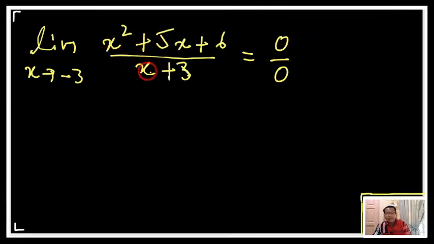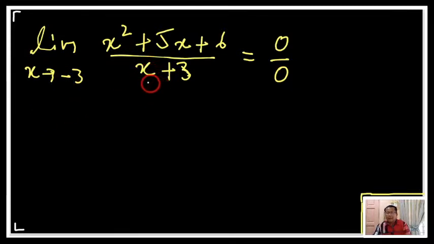In the exam, usually the denominator is one of the factors. What you need to do is divide the numerator with the denominator. So either you do synthetic division or long division.